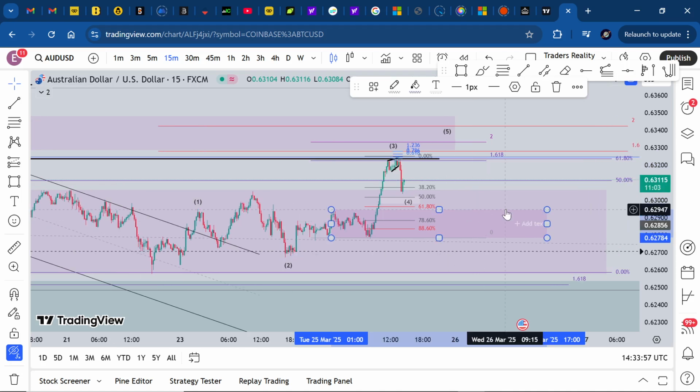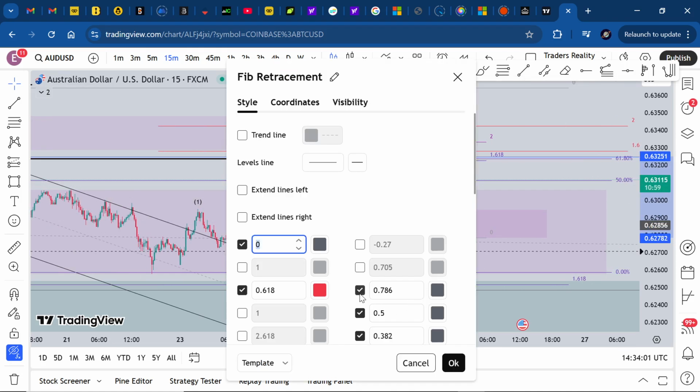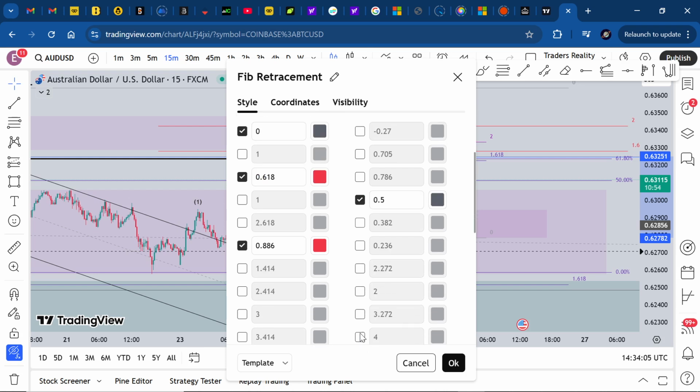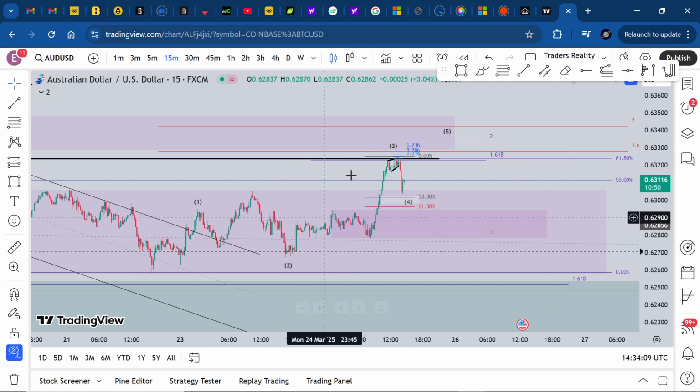Don't want to hit that 0.618. You hit that 0.618, then the count from here to here is not what I think it is. It's not a 1, 2, 3, 4 in that case. Yeah, I strongly believe it is a 1, 2, 3, 4.